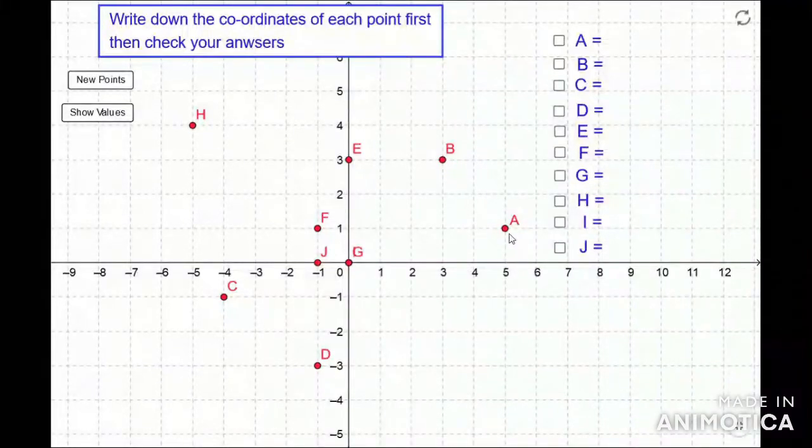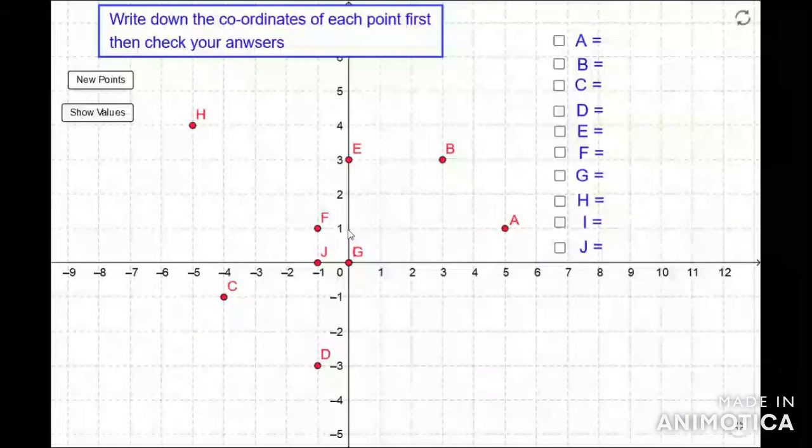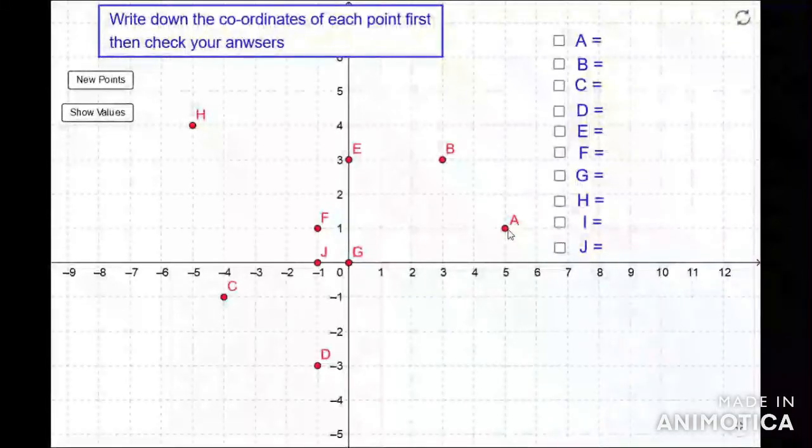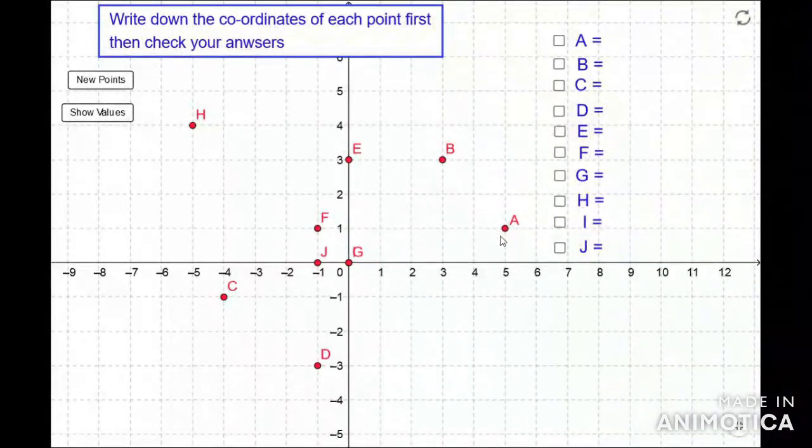Similarly, you have to draw a perpendicular from A to the y-axis. It will meet the y-axis at a particular point, and corresponding to that point we will have a real number, and that is 1.